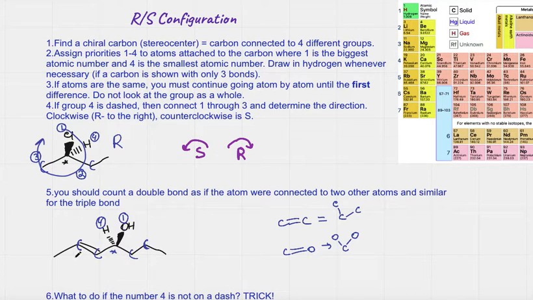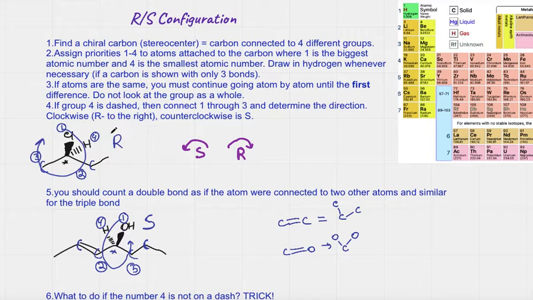And therefore, this side will win, so it will get a 2, and this side will get a 3. Now, let's proceed and connect 1 to 3. So 1, 2, 3 is going to go this way. And which way are we going? This must be S.